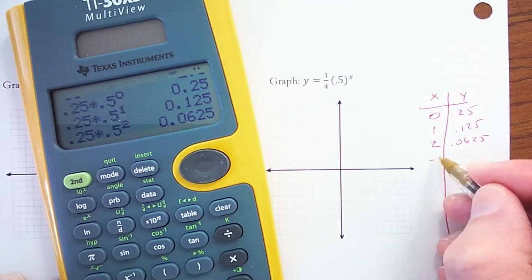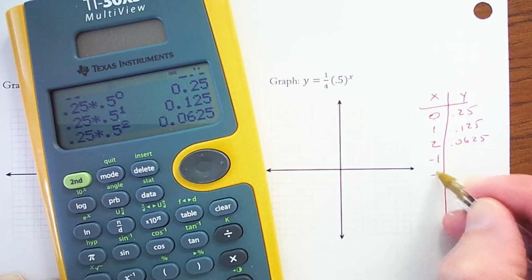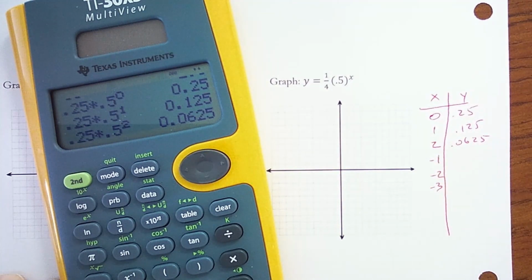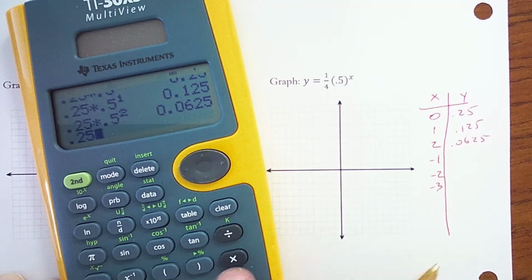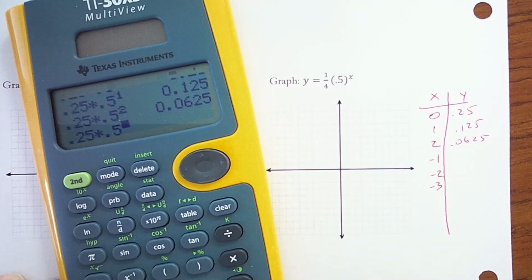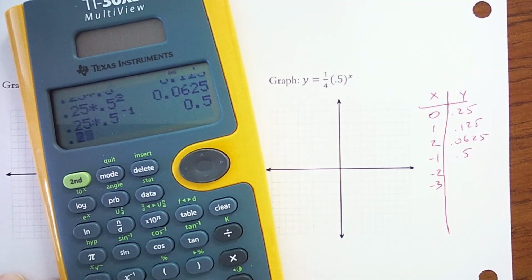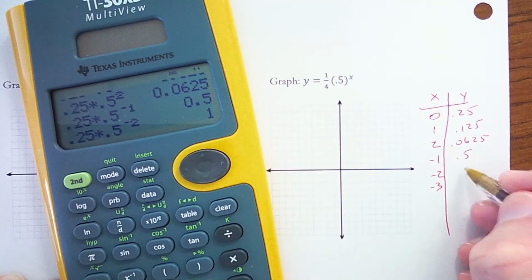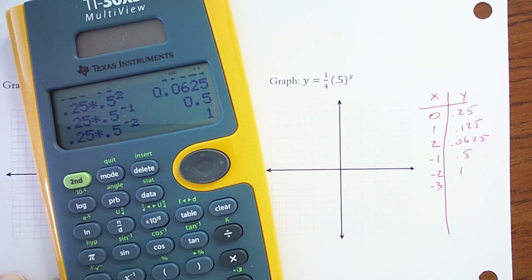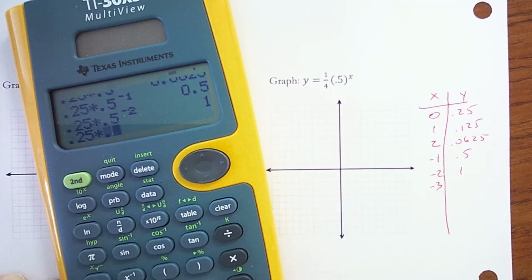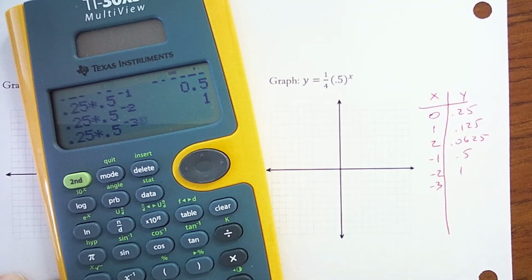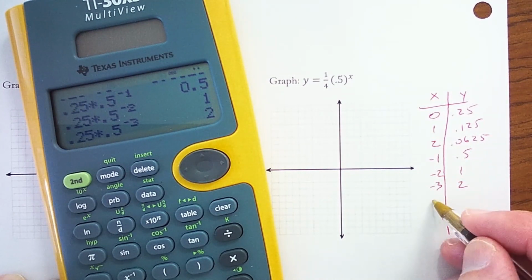Let's go the other direction. Negative 1, negative 2, negative 3, and we'll see what happens there. 0.25 times 0.5 to the negative 1 is 0.5. 0.25 times 0.5 to the negative 2 is 1. 0.25 times 0.5 to the negative 3 is 2. We're still fitting on the graph, so let's go a couple more.